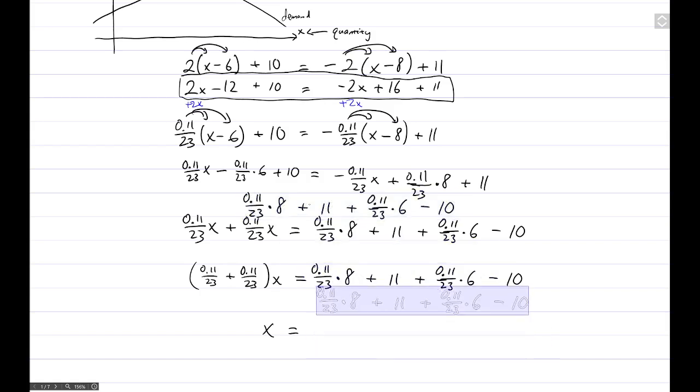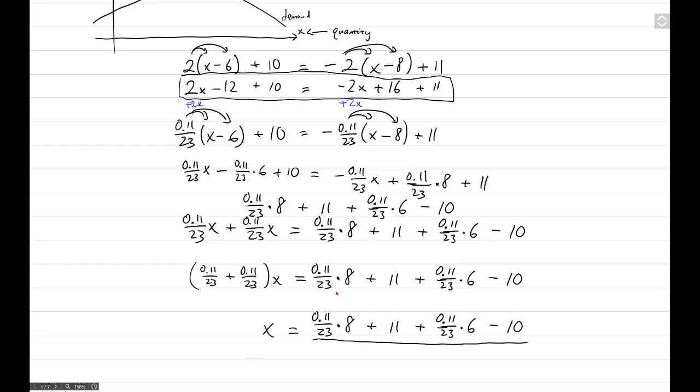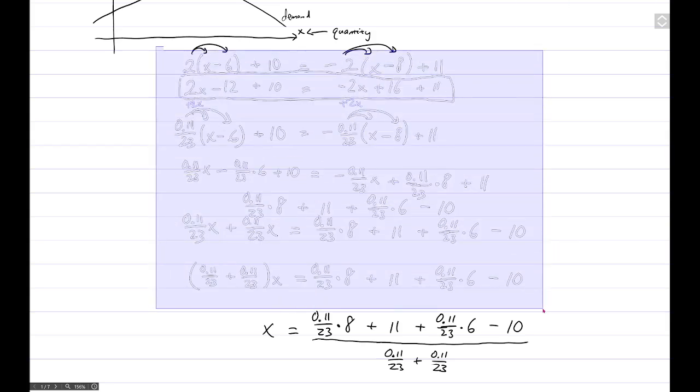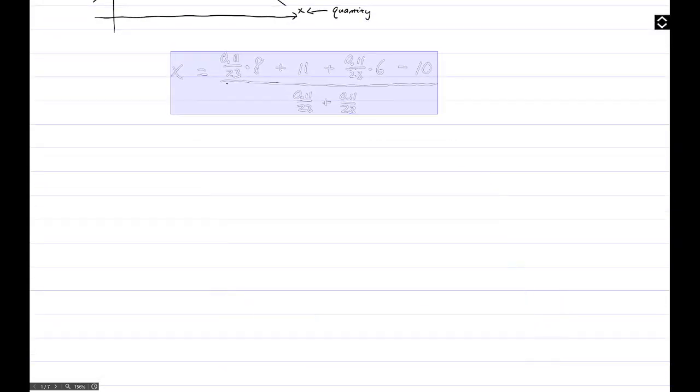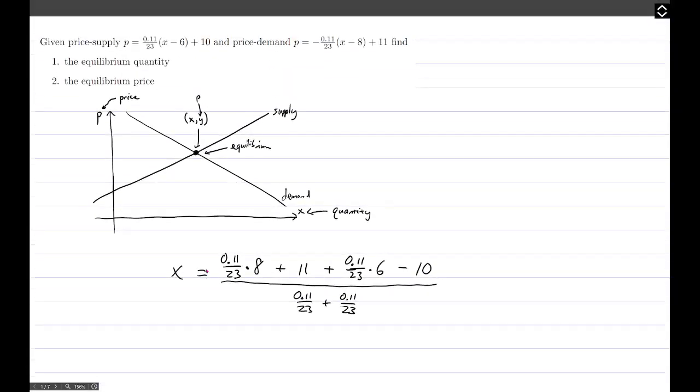So we'll take this divided by what we're dividing by is this, so this 0.11 over 23 plus 0.11 over 23. If I now just get rid of all this work, it was nice to see everything step by step, but let me bring this all the way back now to do this and see up here in the question.